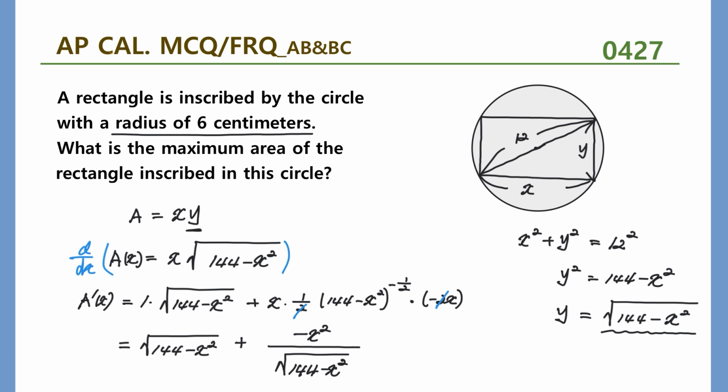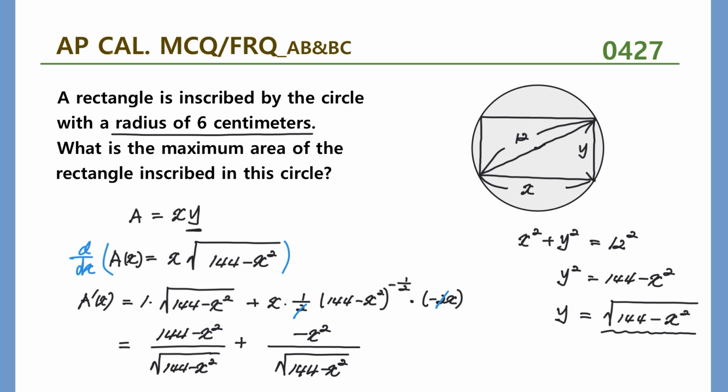We're going to have to simplify this expression. The square root of 144 minus x squared is actually equal to, if we have the denominator square root of 144 minus x squared, then in the numerator we have 144 minus x squared.